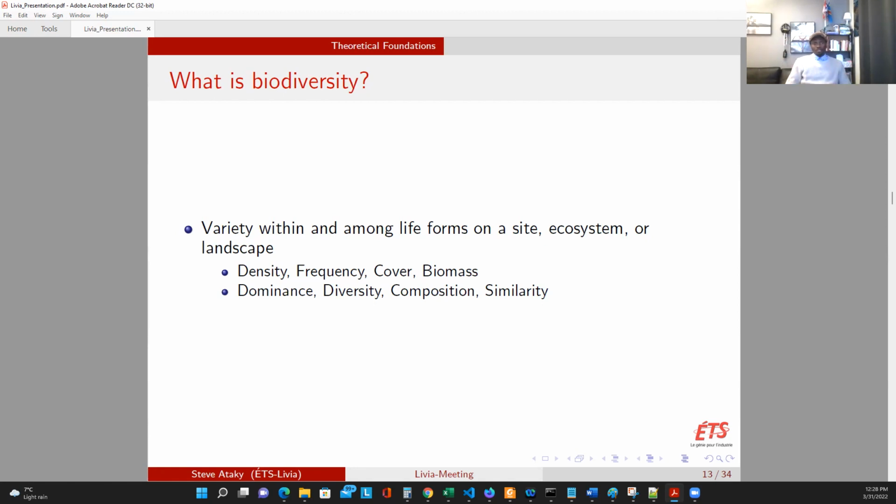I may be using the term biology or biological and ecological interchangeably, but biology is, as we know, the study of the anatomy, physiology, cellular and molecular biology of all living things, whereas ecology focuses on the environment, climate, and natural resources and how animals and plants respond to these factors.